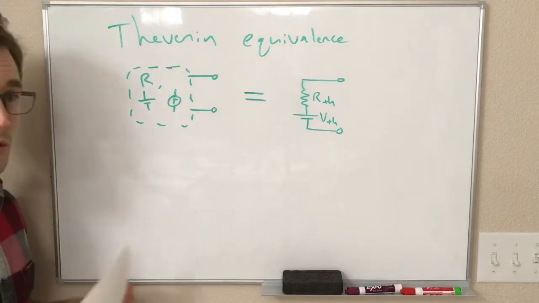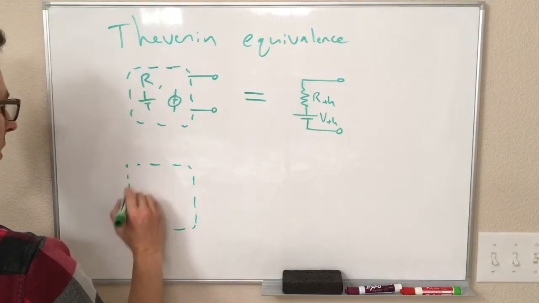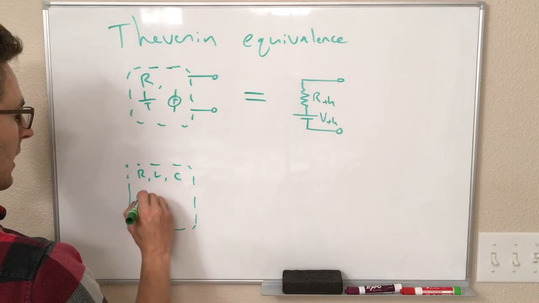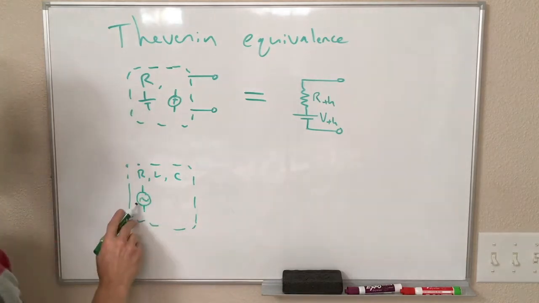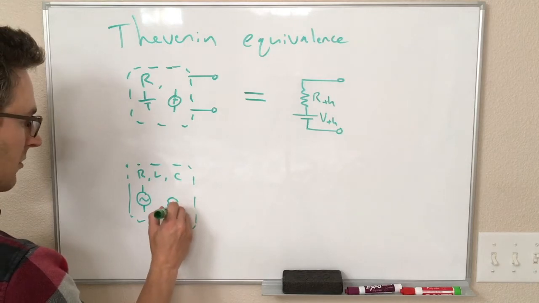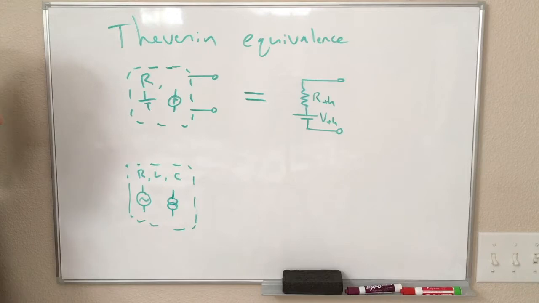For AC circuits, it's exactly the same, except here we can have any tangled mess of resistors, inductors, capacitors, and AC voltage sources and AC current sources, which are usually drawn like that. But we won't encounter AC current sources.